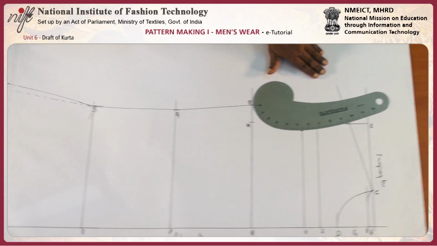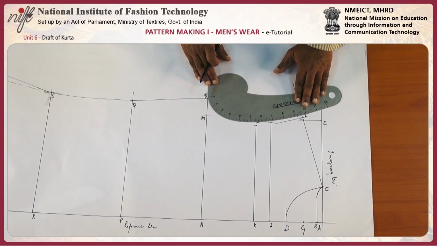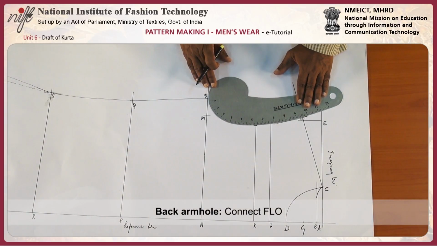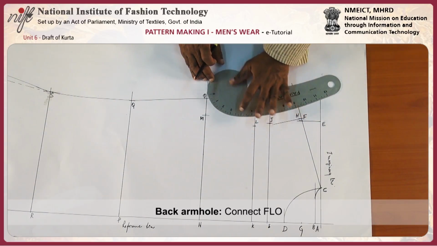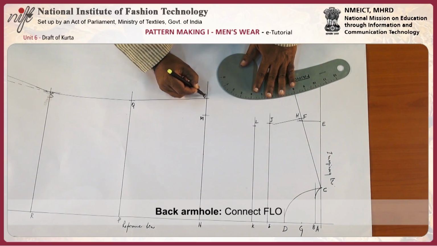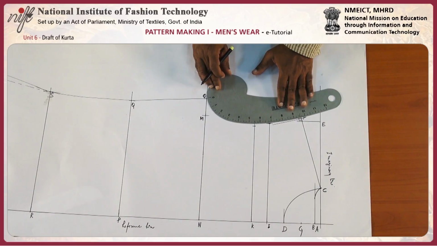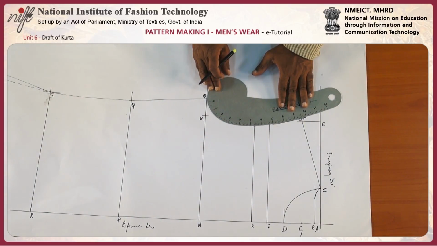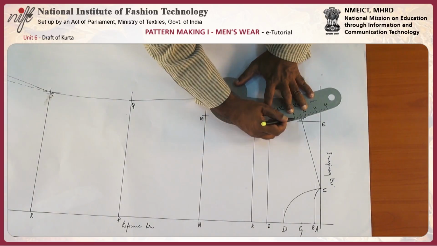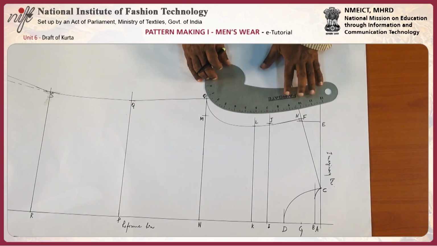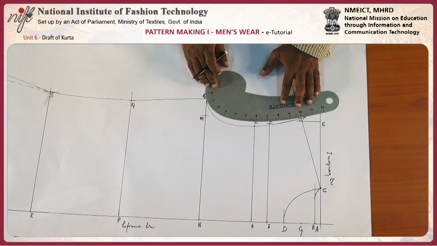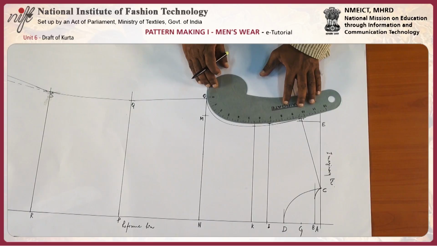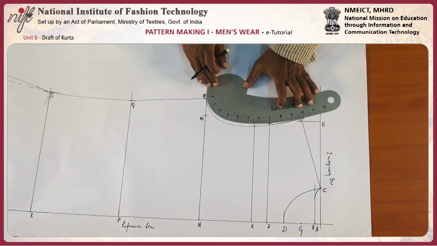Use French curve, and the first marking should pass through F, L and O. And the back armhole will be F, J and O. The starting point and the meeting point will be same, both front and back armhole.